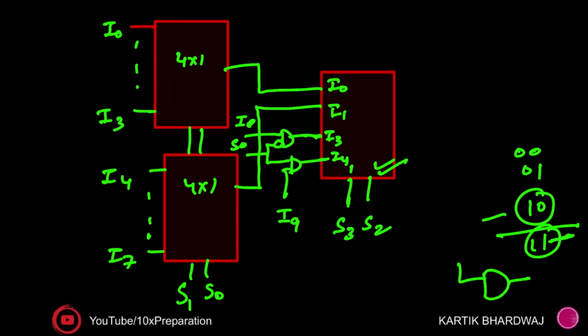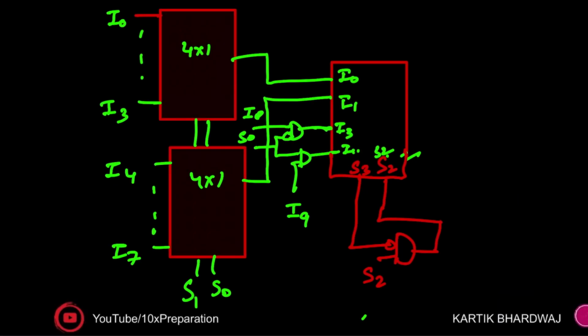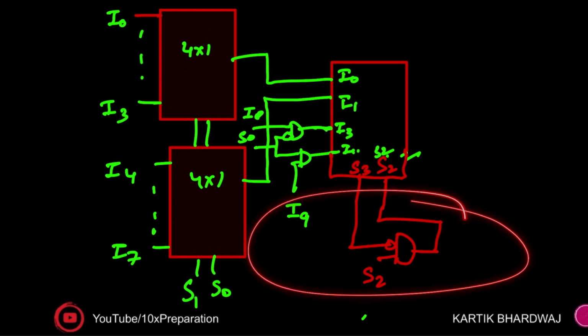So how can we make this circuit? You simply take a complement of this thing, and again this is S3, you can make S2 over here, and you have to put this circuit in this diagram. Then you will get this circuit like this, and hope you got this circuit.